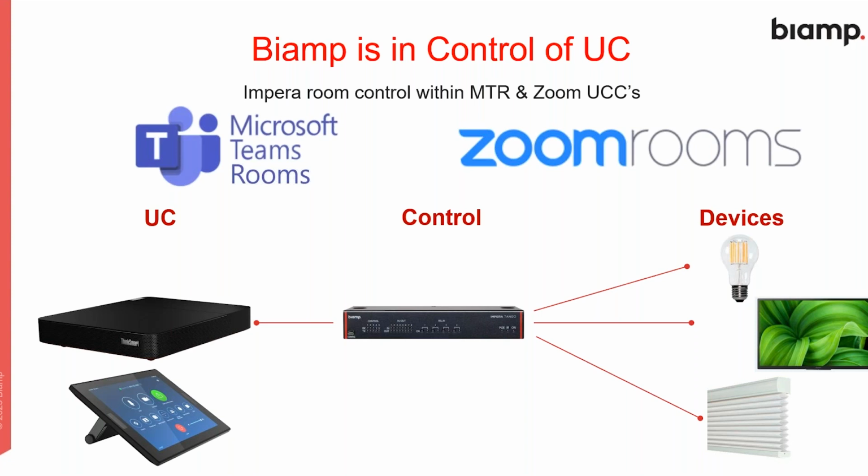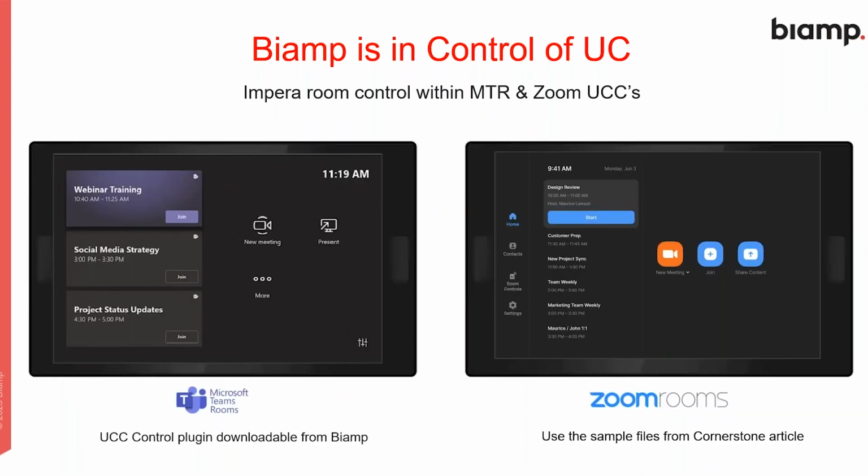So what we've got here is the user interface for these external devices being controlled from the UC compute device via a Tango. So the way this works is in an MTR room, you've got the UCC control plugin, which you can download from Biamp. That tells the Teams interface to access the web app, which is inside the Tango.